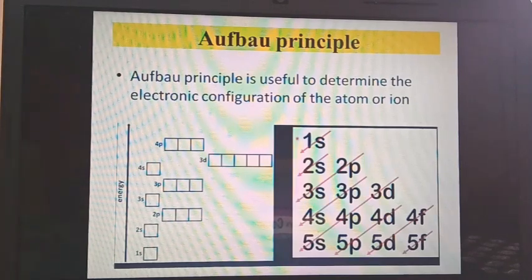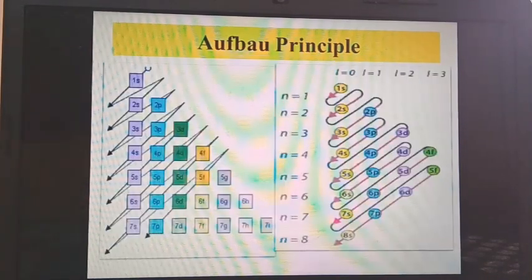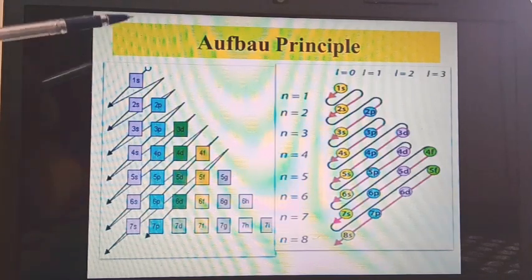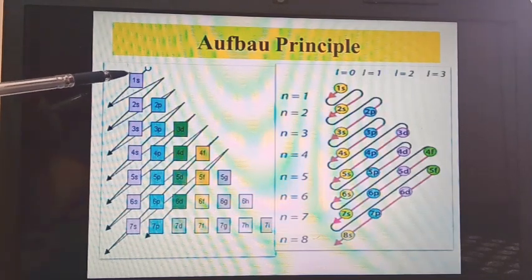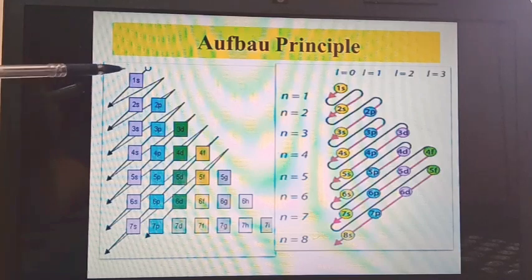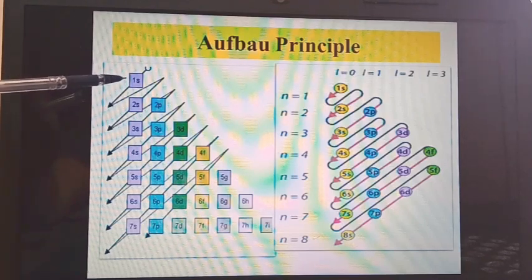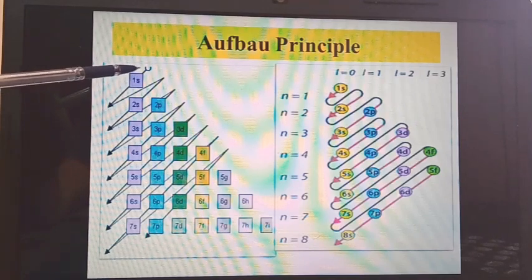For a more detailed view, I have these two images for you. You can refer to any one image for your understanding. I'm going to refer to this image. You can see these arrows: firstly 1s is filled, and we know that s has a capacity of 2 electrons, that is 1s2.